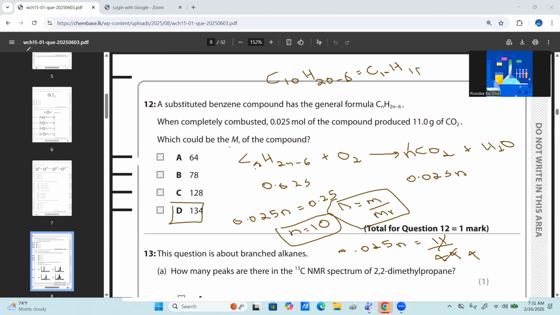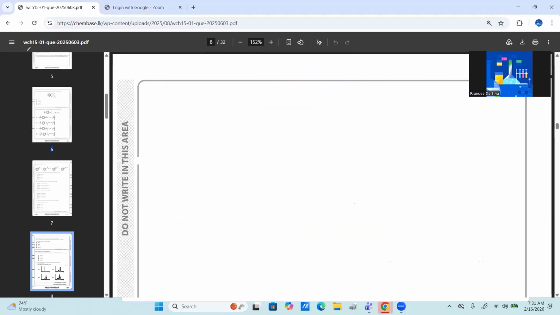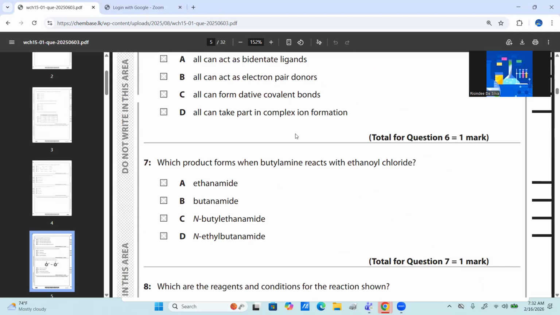Okay, so first we need to draw the compound to find the number of peaks. So draw the structure.